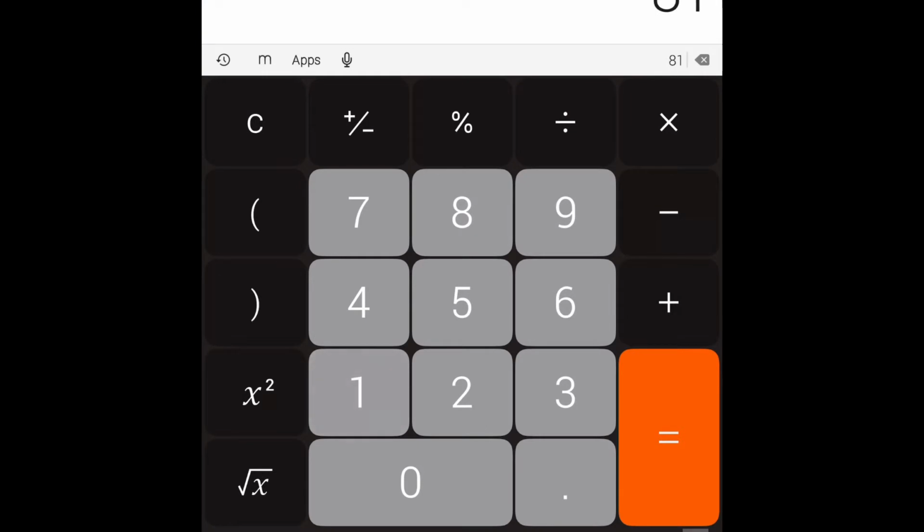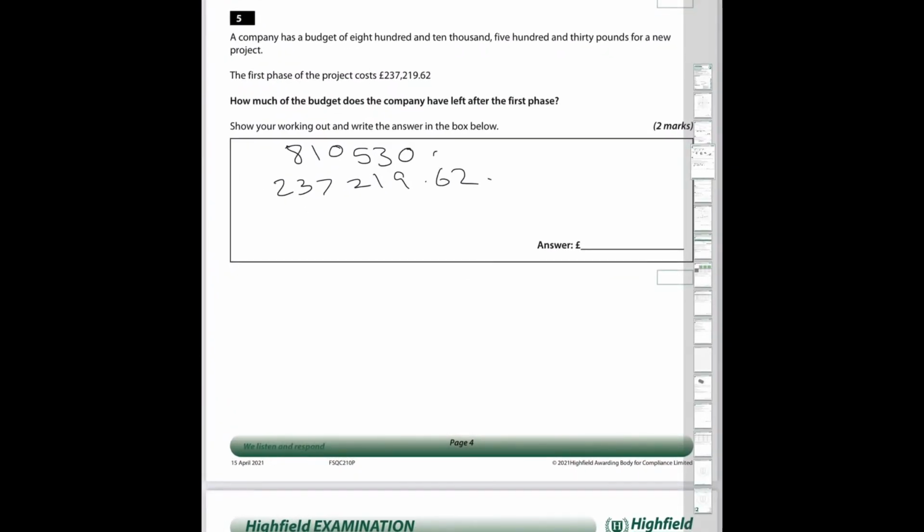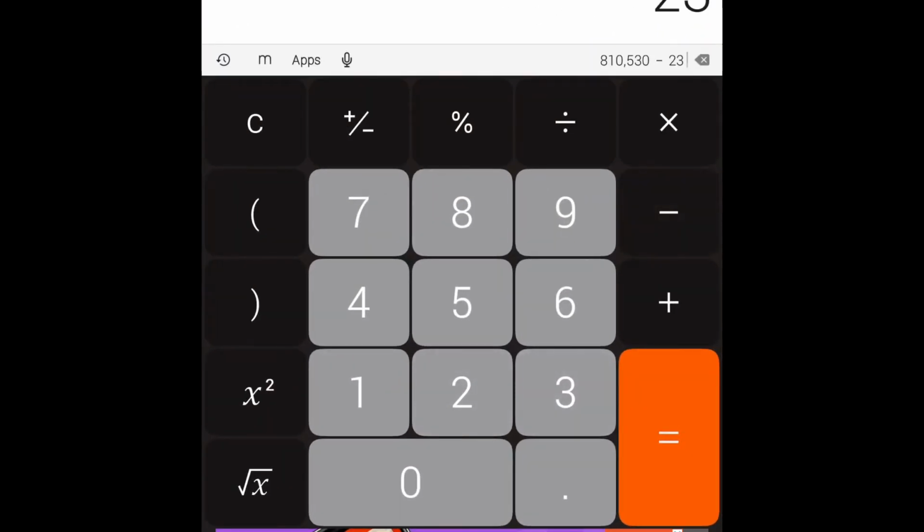So 810,530 minus 237,219.62. That's 573, just going to write this down on my pad, 573,310.38.